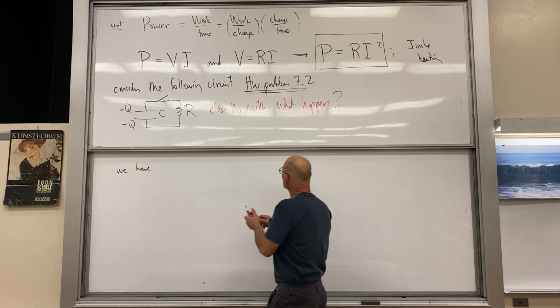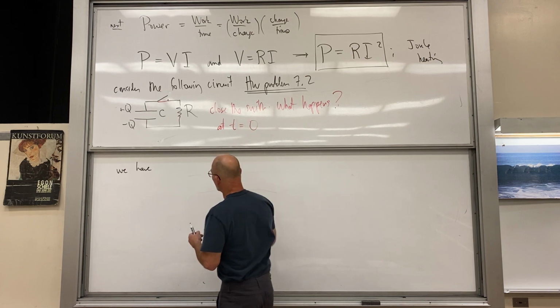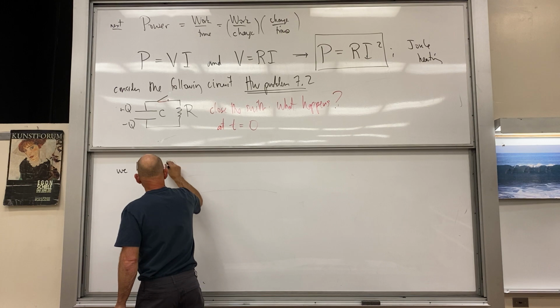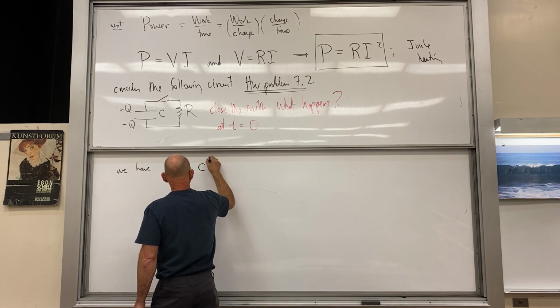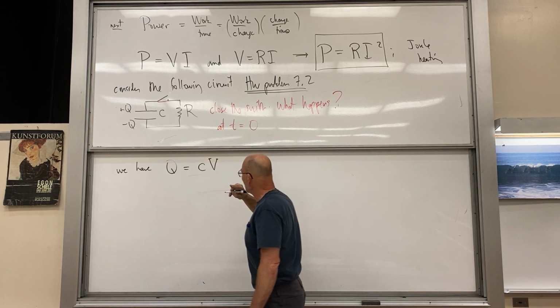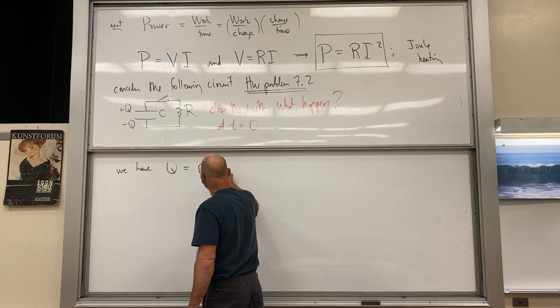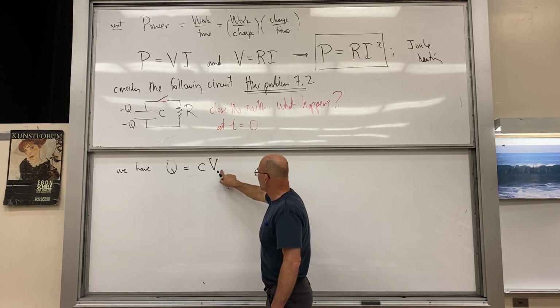Close the switch. Here's what I have here. At t equals 0. So yeah, it's a time-dependent problem. So we have Q equals C times V. And we can even say V naught because that's the full charge. I'll just write CV.